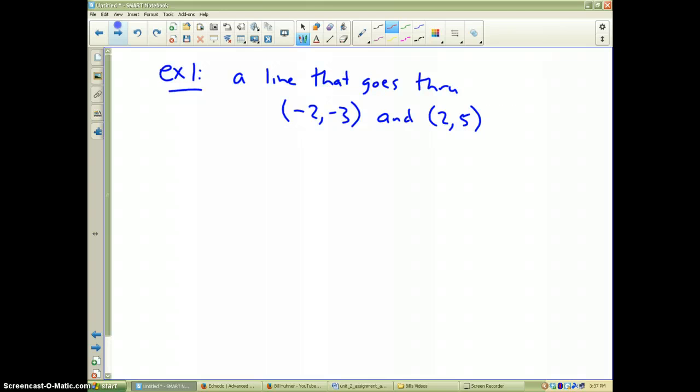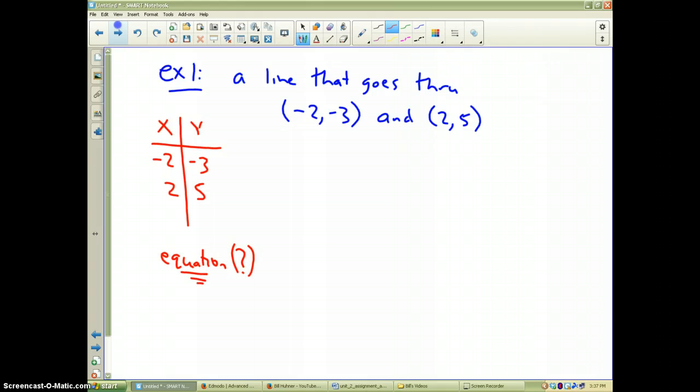Now, if we were to make a t-table of this, as I did for you in class, these would be two of the solutions to the equation or the problem that we're looking for. We don't know what that equation is, and that's the goal. The goal is to figure out what is the problem that these two coordinates are the solutions for.